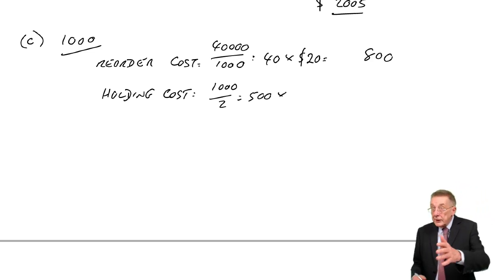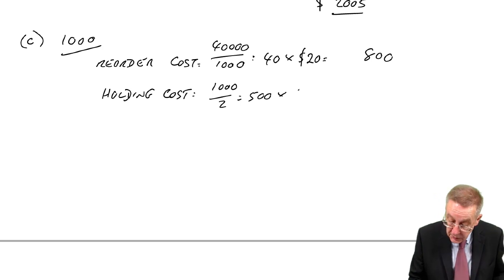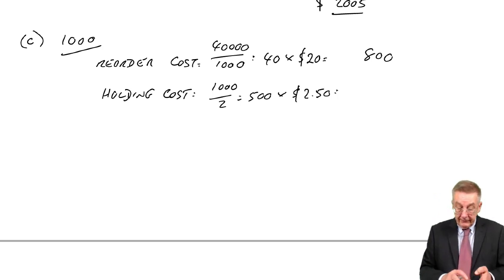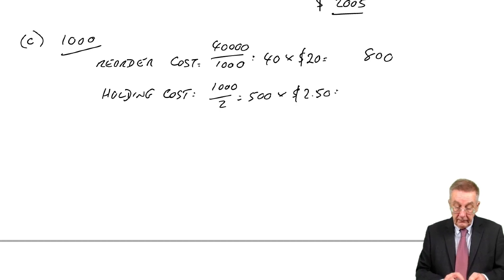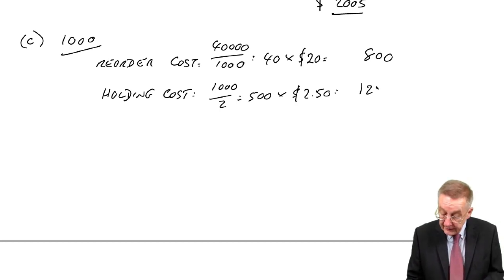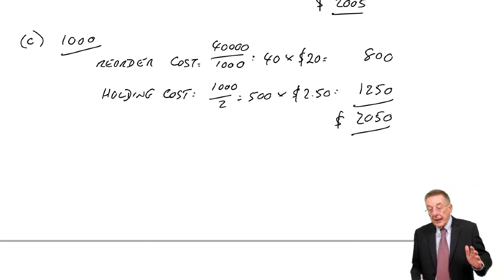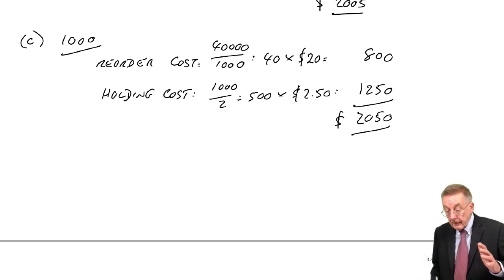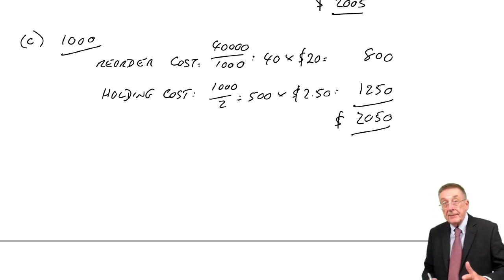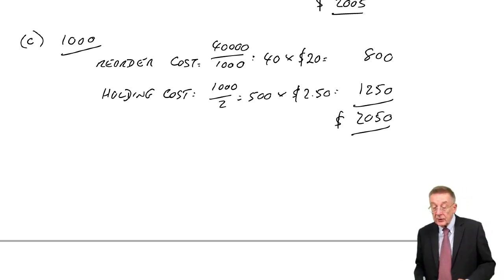And the cost of holding 1 unit for a year, we decided earlier, was $2.50. $1,250. And so the total, $2,050. So again, the reorder cost has fallen. We're ordering more, we need fewer orders, but the holding cost has gone up.